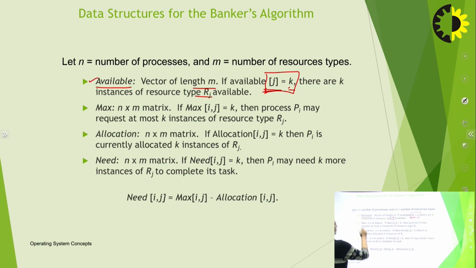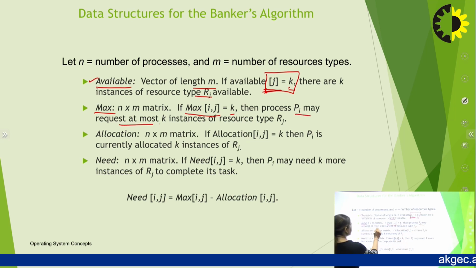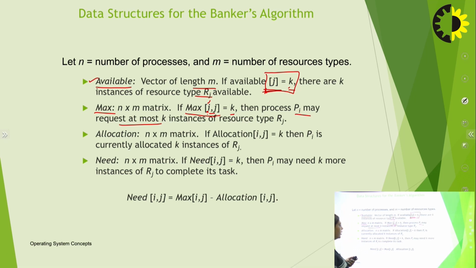Maximum is a matrix. Max[i][j] is equal to k means that the process Pi may request at most k instances of resource Rj. In Pi, the first index is for the process and the second one is for the resource.